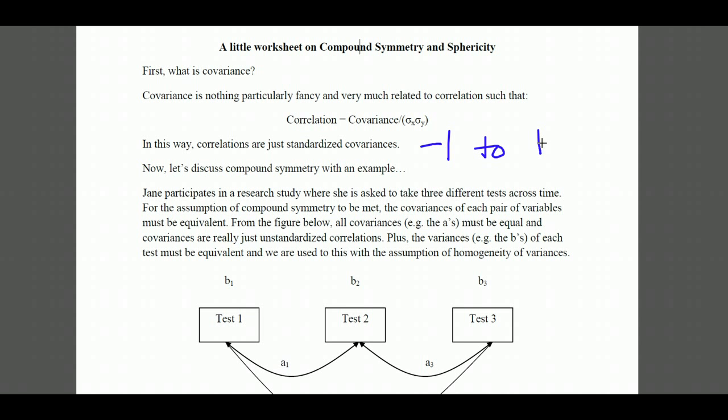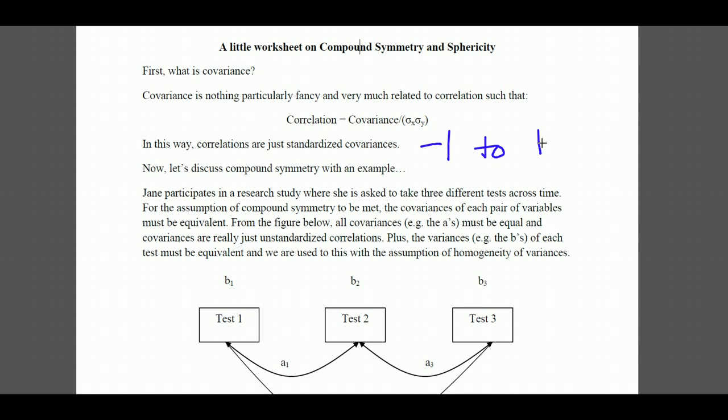That's covariance. So now let's discuss compound symmetry with an example, and I just made this up. Okay, so you have Jane, who participates in a research study where she's asked to take 3 different tests across time. For the assumption of compound symmetry to be met, the covariances of each pair of variables must be equivalent.